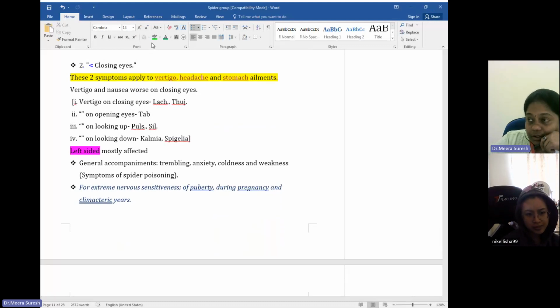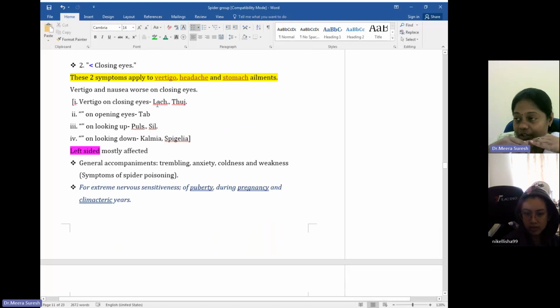In case of Theridion, we saw that it is on closing the eyes, and we have other remedies, that is Lachesis and Thuja. Lachesis, we already saw, has night aggravation and sleep deprivation. In Lachesis, it's not actually the closing of the eyes; it's the night time, lying down, that is their problem.